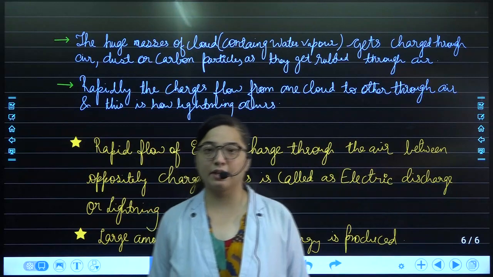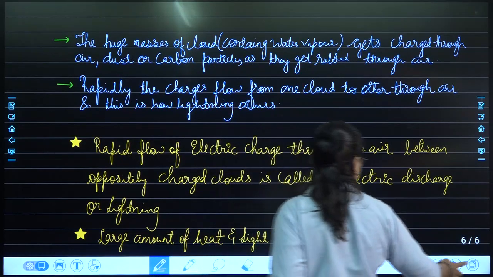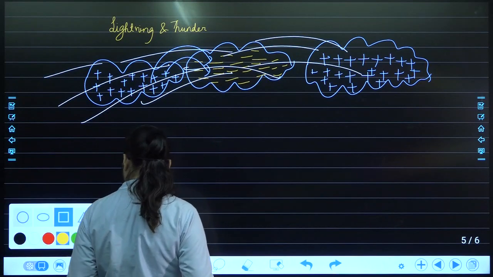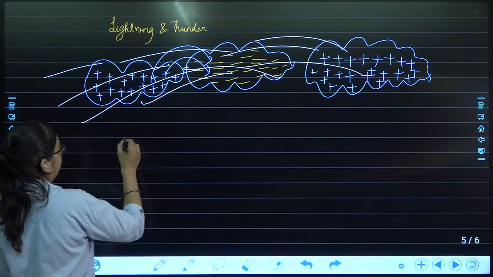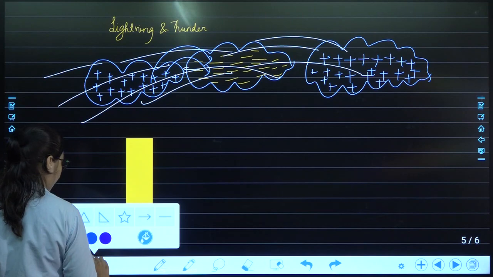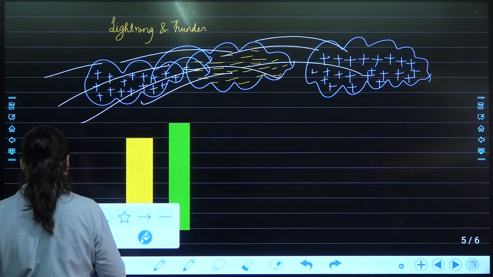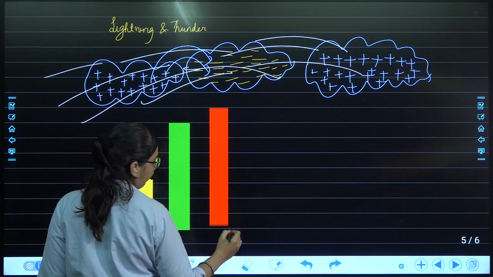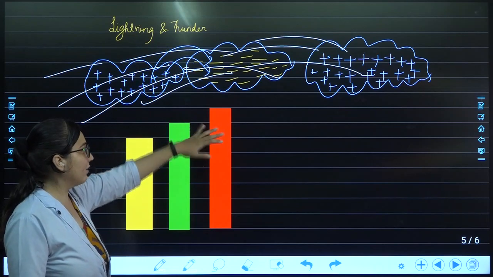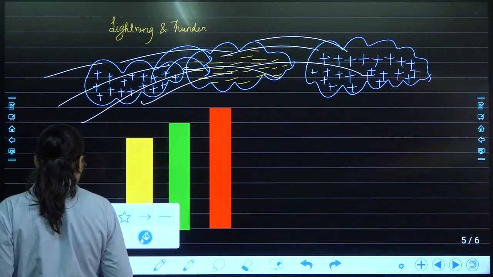Now we'll study how lightning occurs on the earth. Now what happens over here, when the lightning strikes and there are tall buildings over here, then this charge will get attracted to the tallest one, and suppose this is the short one.